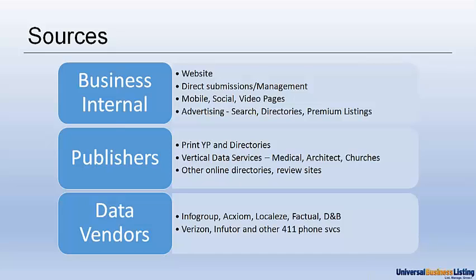And one cannot ignore the phone services and phone databases that also circulate the data, such as Verizon, Infutor, and others. These services regularly trade information between each other to ensure accuracy. And in the USA, there are hundreds of thousands of significant business record changes nationally every month. So this is not a small undertaking on the part of the data vendors.